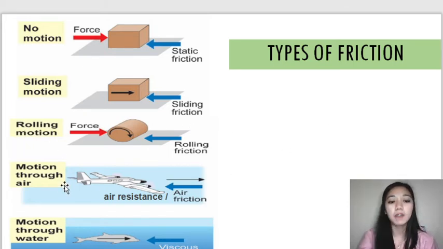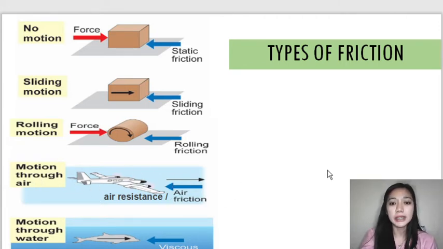Next, let's have air resistance. For the air resistance naman, let us say we have airplanes or birds or any objects that could fly. Ngayon, yung ating air or pwede rin yung wind ang mag-e-exert ng friction sa objects na in motion tulad ng airplanes or the birds.